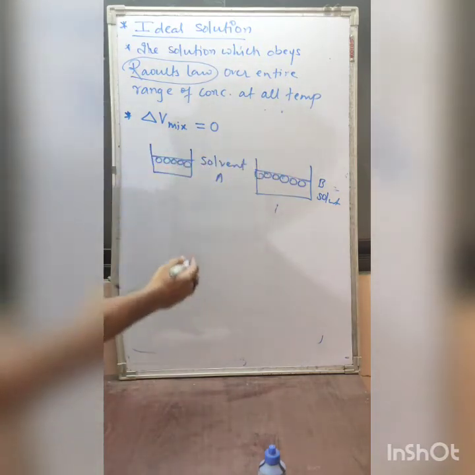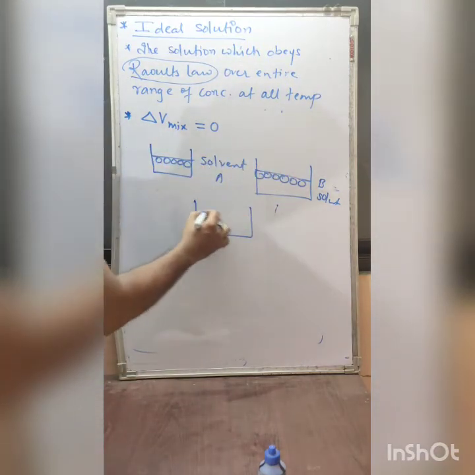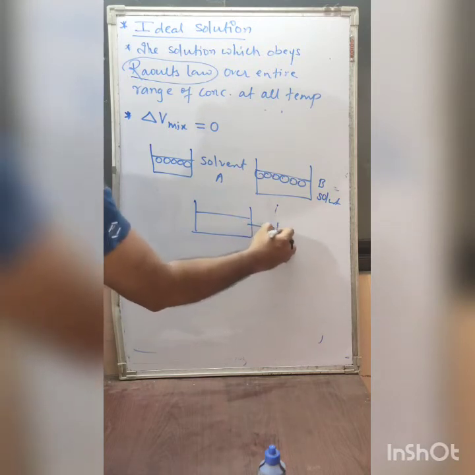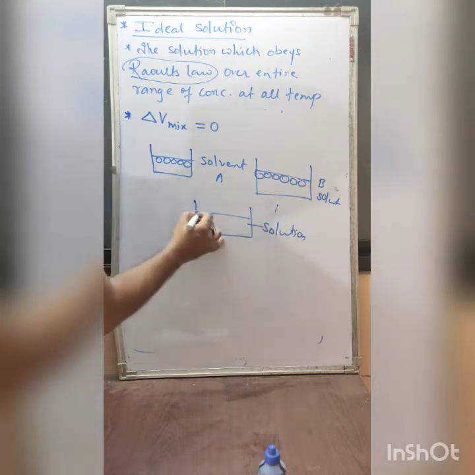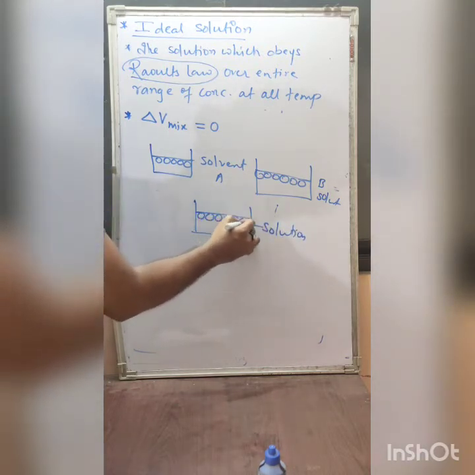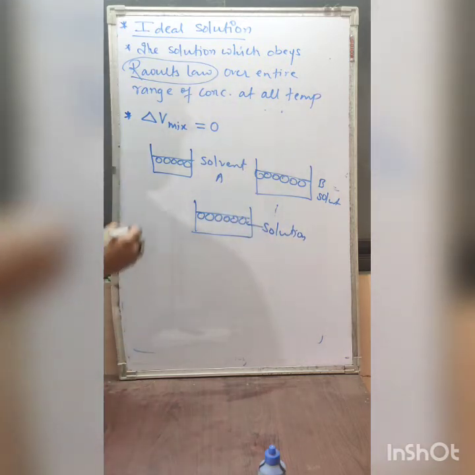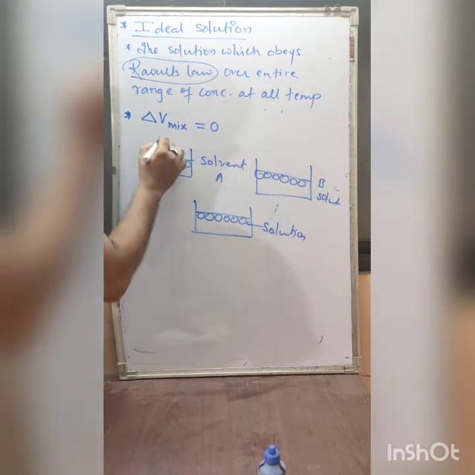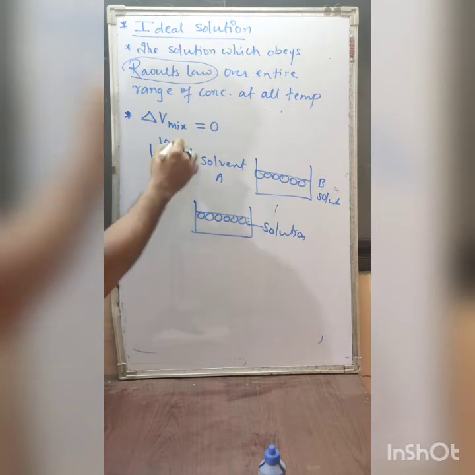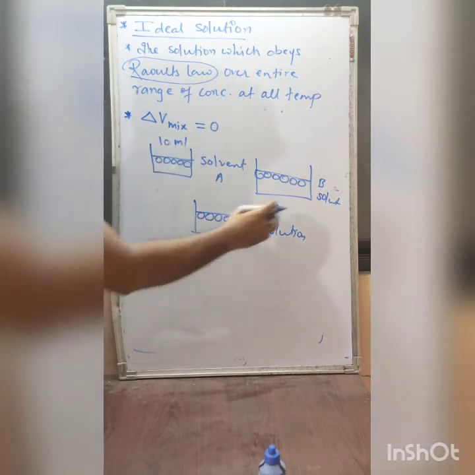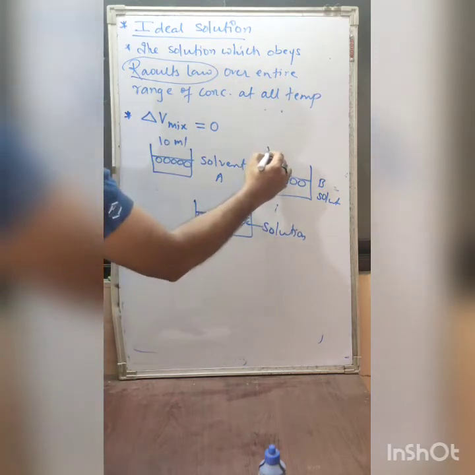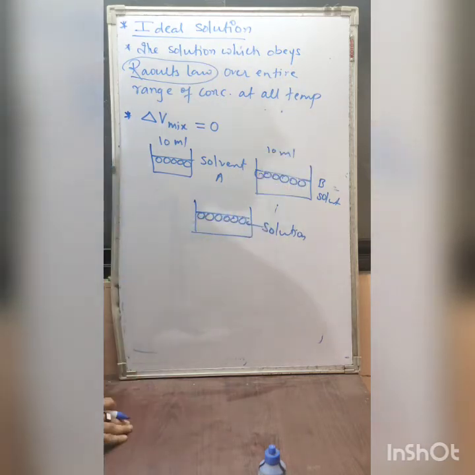I add them together, so finally they form a solution. Suppose the A solvent is 10 ml and the B solute is 10 ml.